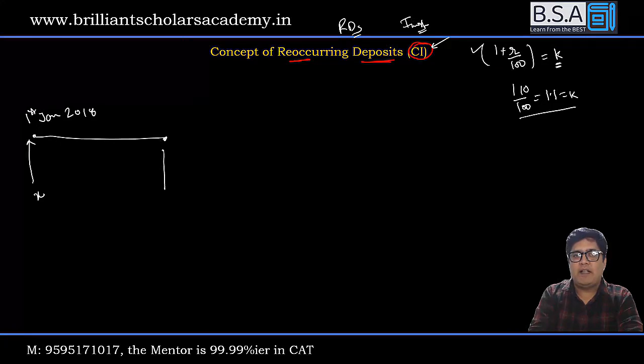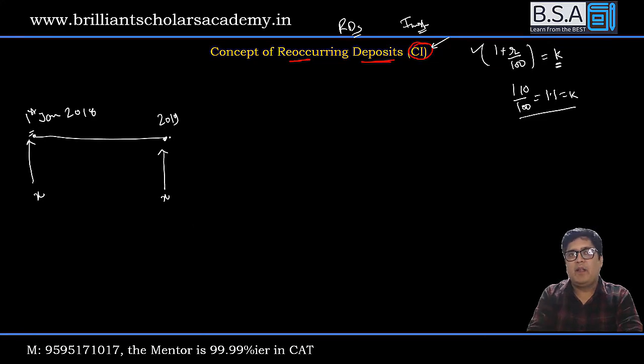You make another deposit of X rupees, 1st of January 2019. You wait for another year. You make one more deposit of X rupees. It is 2020. You wait for one more year. 2021. You take away the entire amount.